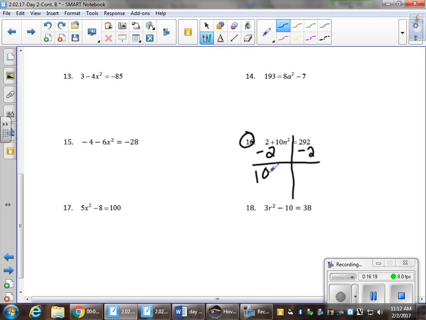So you're left with 10n squared equals 290. What do I divide by? 10. So we're left with n squared equals 29.